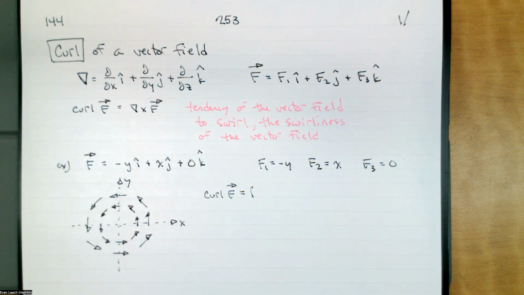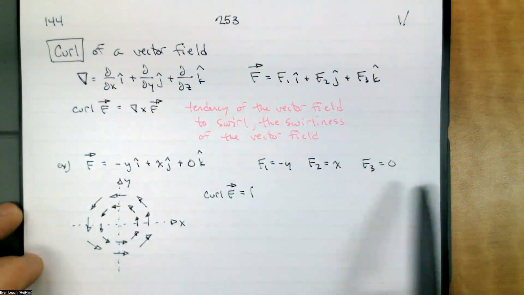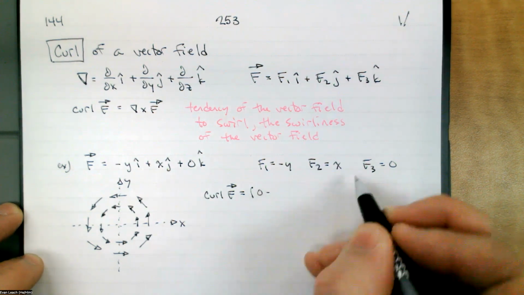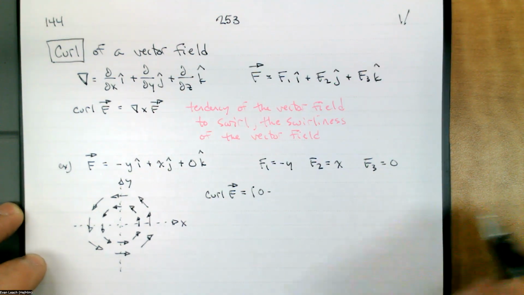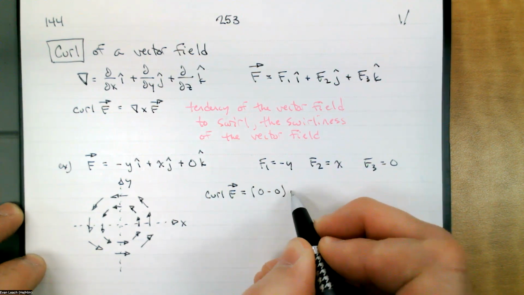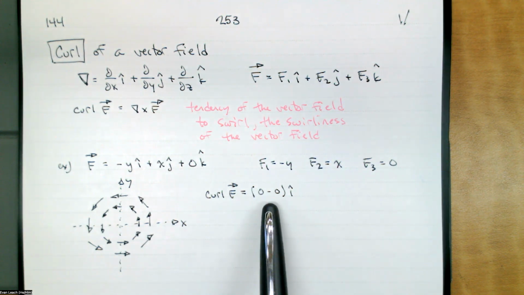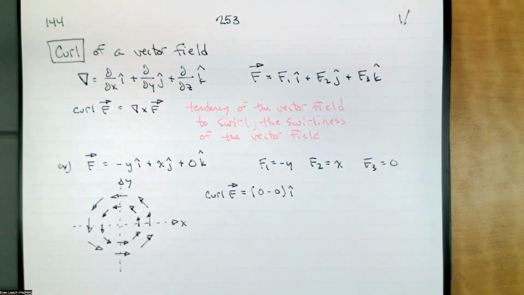So the partial with respect to y of F3 is 0, minus the partial of F2 with respect to z is also 0. This always looks so concerned, but we shouldn't be concerned. This is exactly what we expected. We expected the curl to be coming straight out the page, have no x and y, no i and j, all k.